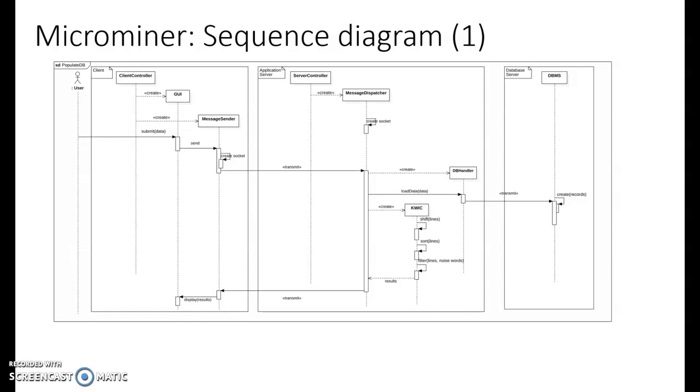And the database, if there's no table there, will create a table and save those records into the table. Meanwhile, the messenger dispatcher will pass the information to the KWIC system to do the shifting and sorting, and return the shifted and sorted messages back to the client and display them on the GUI.